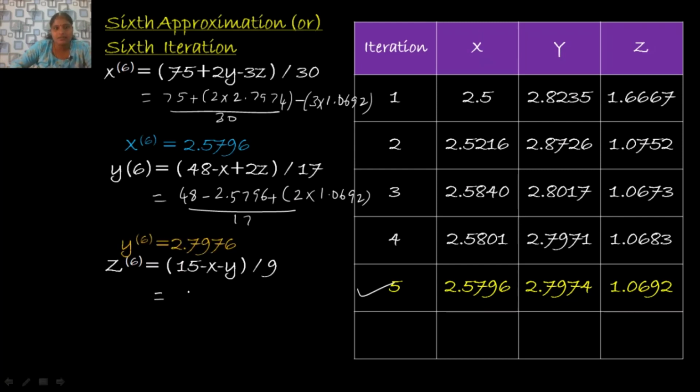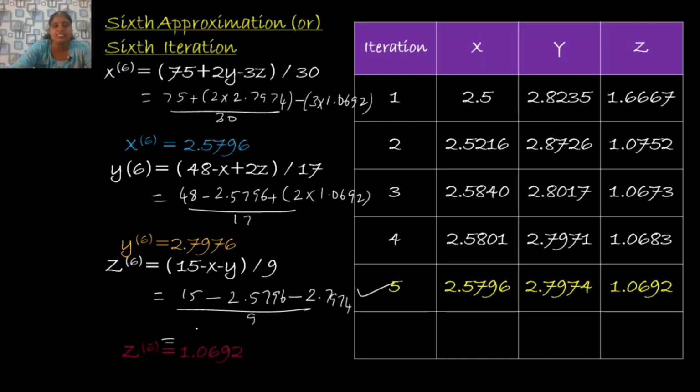For calculating the value of z, 15 minus x value 2.5796 minus y value 2.7974, divide this by 9, and simplifying this you get the value of z as 1.0692. So in the sixth iteration you get the value of x as 2.5796, y equal to 2.7976 and z equal to 1.0692.